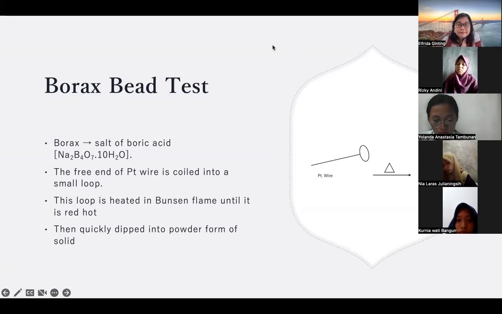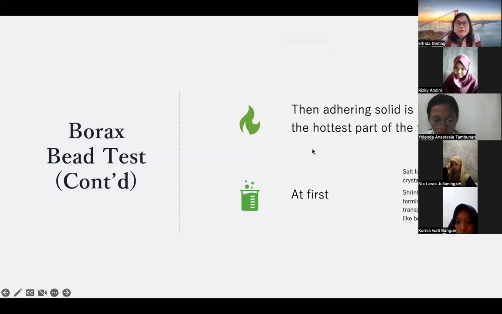Finish? Okay. How about this one? Not yet? Okay.